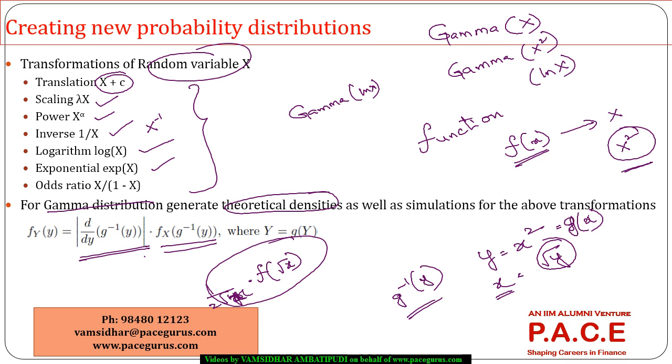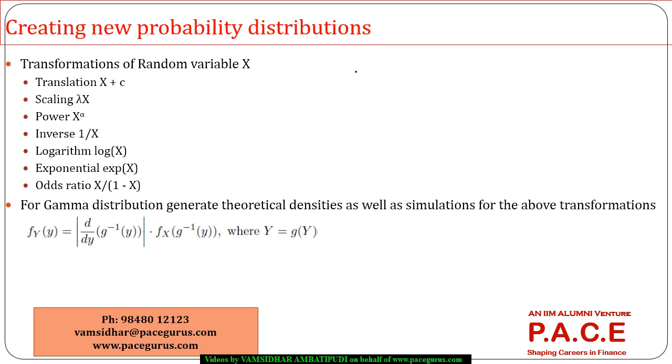So we can very well do the transformations of different functions of the random variable. Instead of taking the random variable as x, I can take the random variable as x squared or square root of x or 1 by x, whatever. But the simple thing is to take an inverse of it. If I am talking about gamma of x, but I want gamma of x squared, first take y equal to f of x equal to x squared.